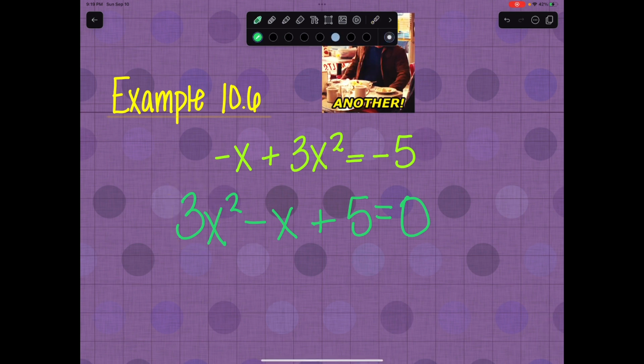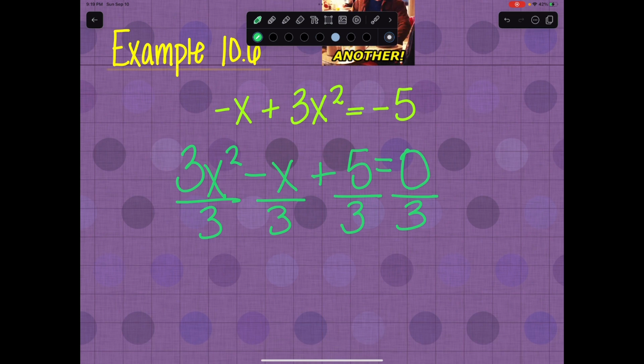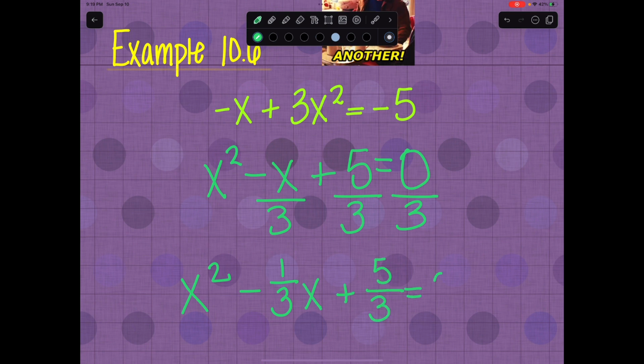So we're going to divide every term by 3. Even that 0, which is still going to be 0, but whatever. So now we'll get x squared, because this cancels out, minus 1/3 x plus 5/3 equals 0.